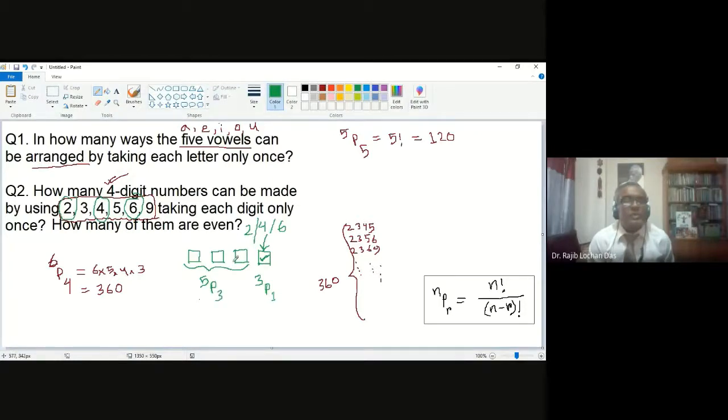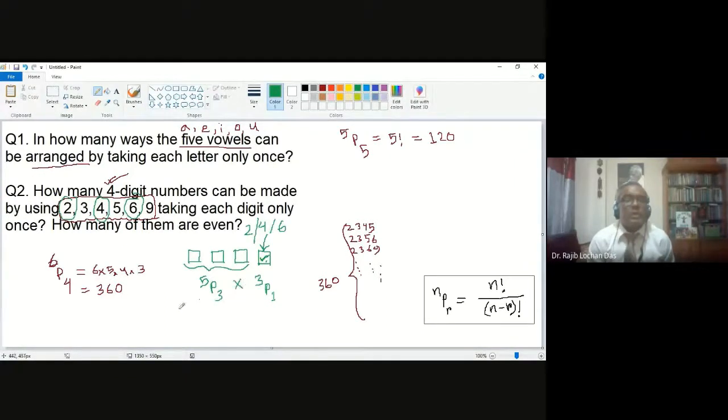Why 5P3? Because there will be 5 options. One is already taken here, maybe 2 is taken. So 3, 5, 9 and 4, 6. So 5 options here. So 5P3. And then you multiply.